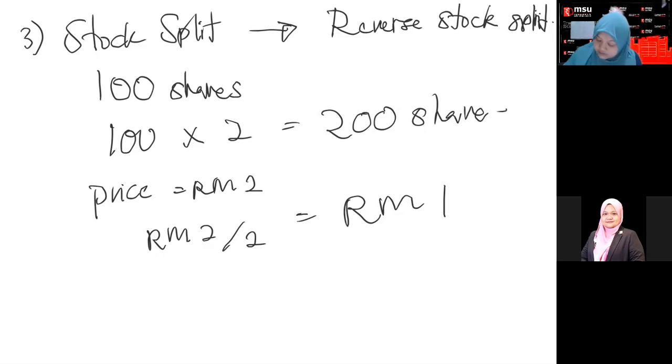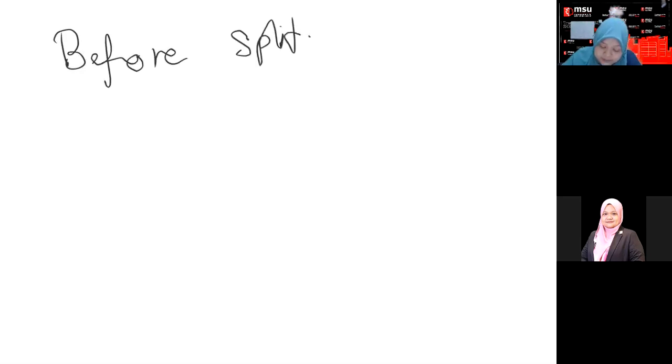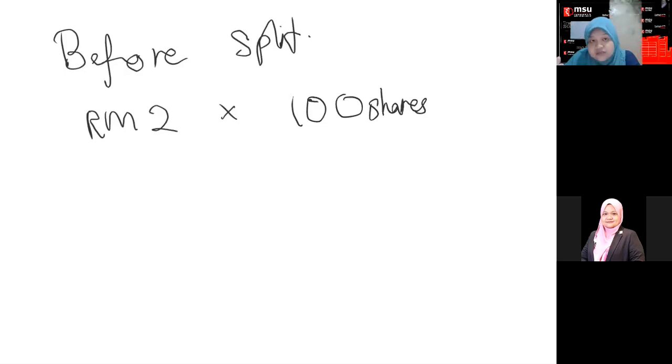Because, okay, I show you. Before the split, the price per unit is 2 ringgit and Encik Nazri owns 100 shares. So the value that Encik Nazri owns in Sandabi is 200 ringgit.